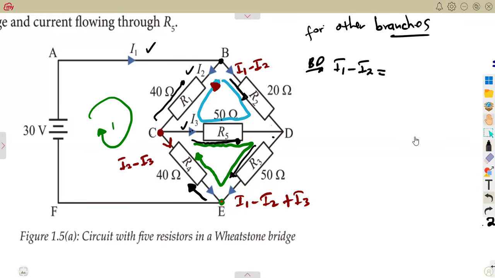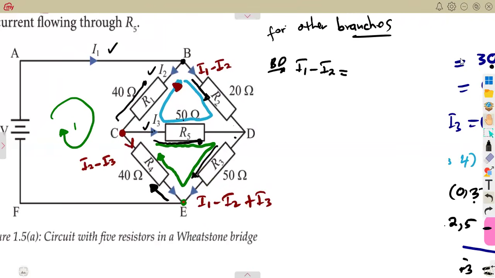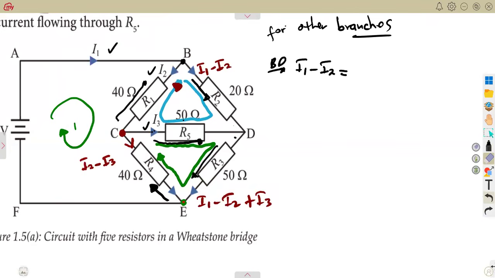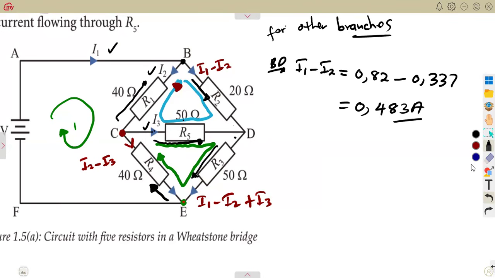It was just going to subtract the values that we got there. I just want you to recall those currents. I1 we got 0.820, which is 0.82, minus I2, which we got 0.337. So that was going to give us 0.483. So that is in the branch of BD.